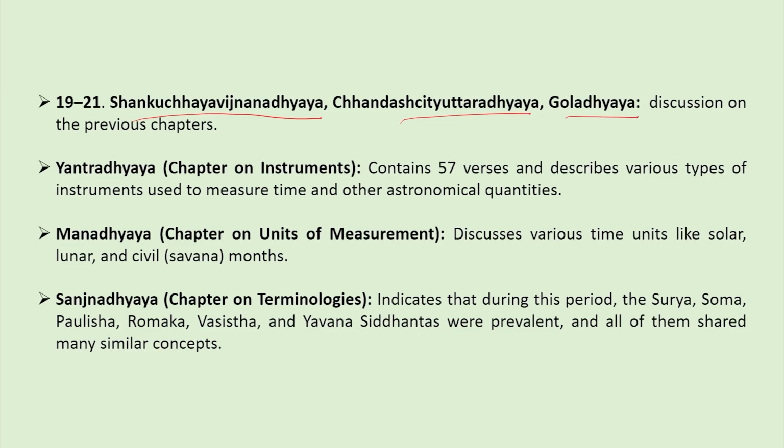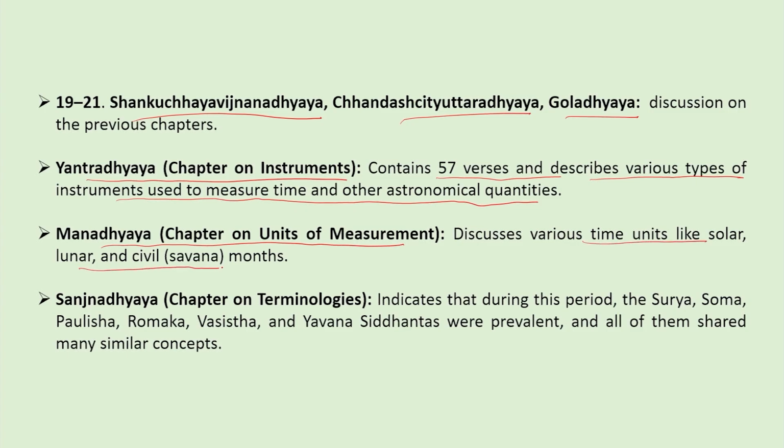Next is Yantra Adhyay, chapter on instruments, which contains 57 verses and describes various types of instruments used to measure time and other astronomical quantities.